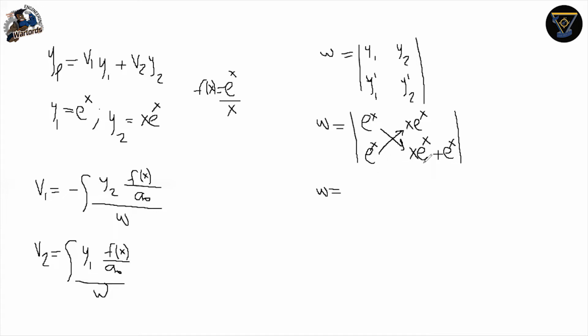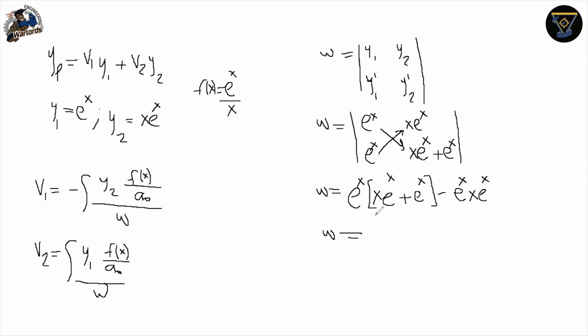So it's going to be e to the x multiplied by e to the x times x plus e to the x, and it's going to minus what is here now, which is e to the x multiplied by x e to the x. So what we need to do now is that we just need to simplify.